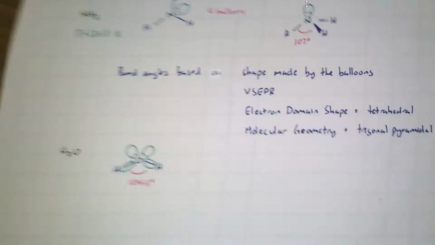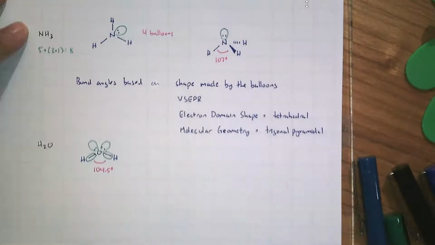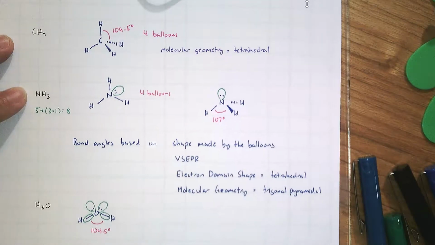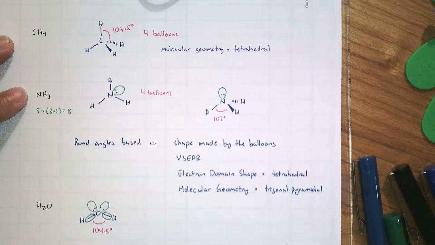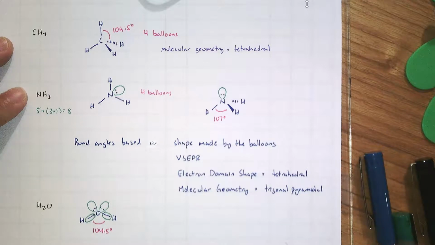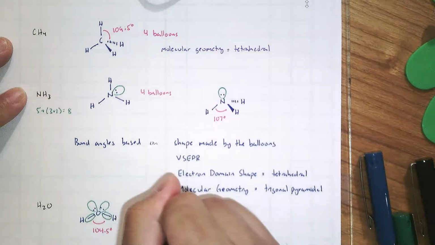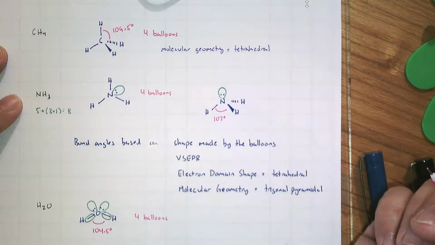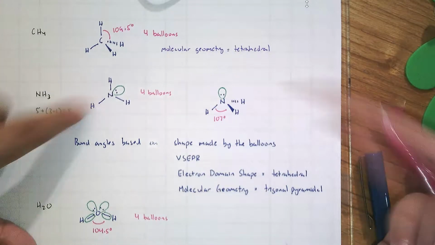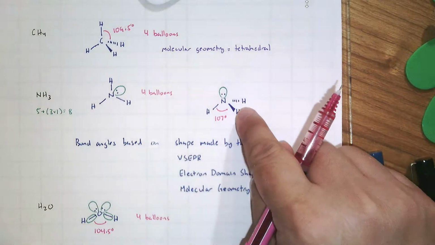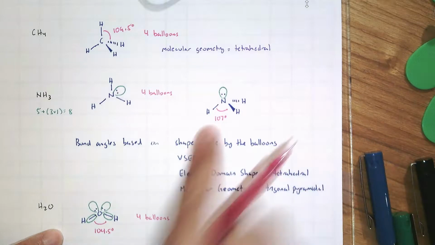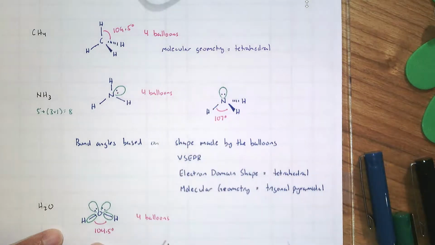If I zoom out, you see how each of these cases, CH4, NH3, and H2O, each have 4 balloons. I'll write it here also, 4 balloons. The ideal bond angle is 109.5, but as we add more lone pairs, we push those bonds closer than they actually want, and we go from 107 and then to 104.5.